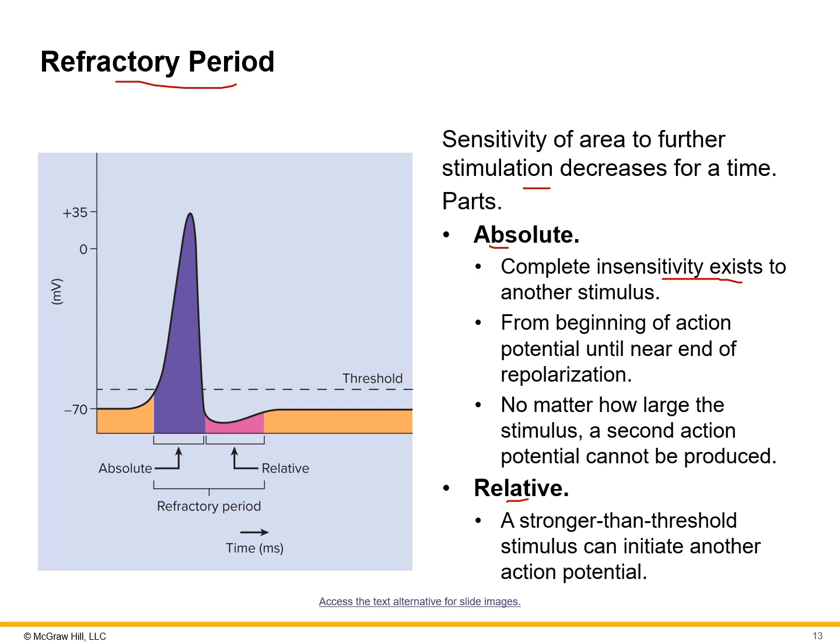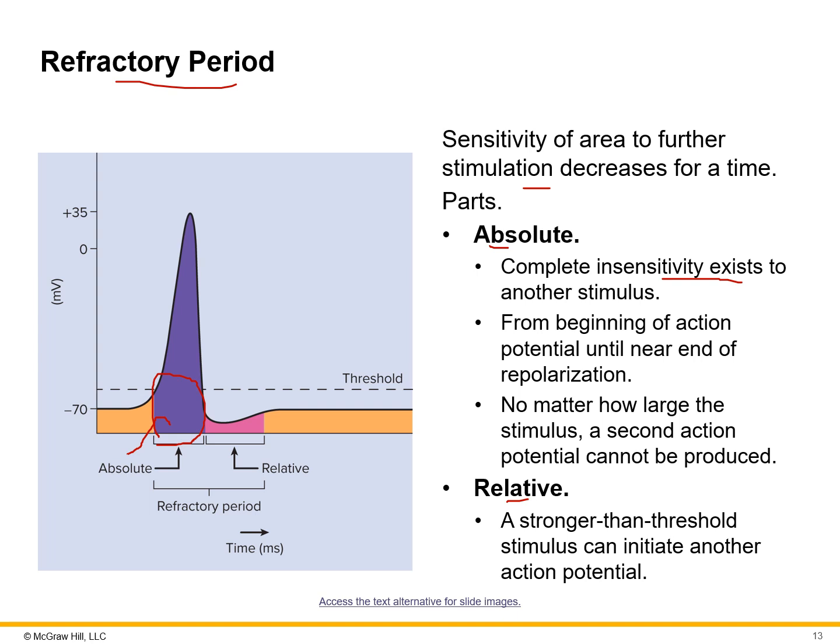So during that absolute refractory period here, in purple, it doesn't matter if another stimulus is coming in that would reach threshold. We're already in an action potential, so it can't go any higher. There's no way to reactivate an action potential.